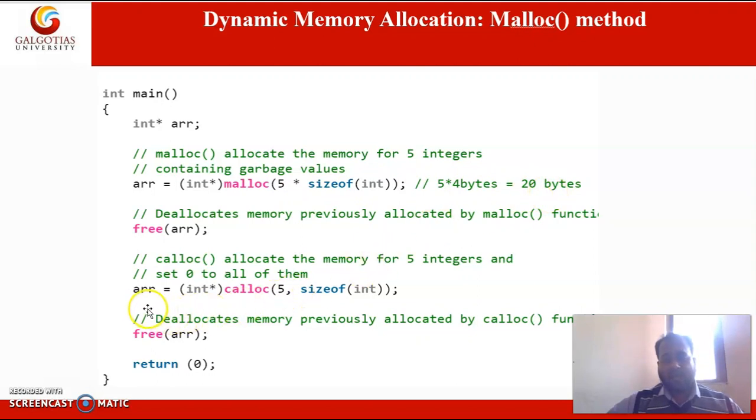In the same way, using the calloc method we are also allocating space to the pointer variable arr. The basic difference you can see is that two parameters are passed in the calloc method and only one parameter in the malloc method.